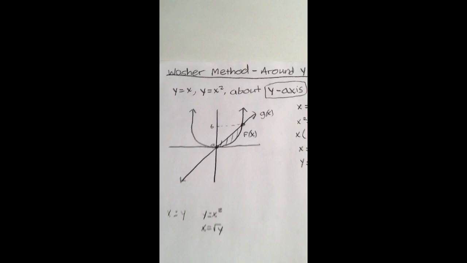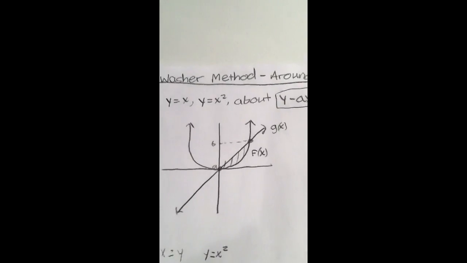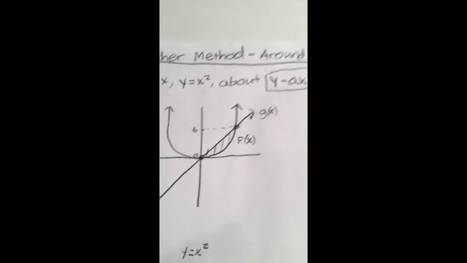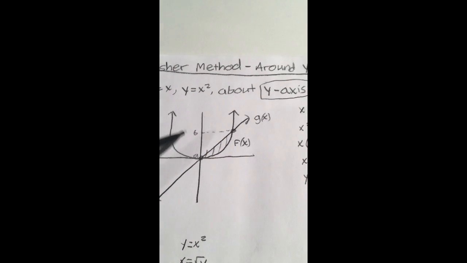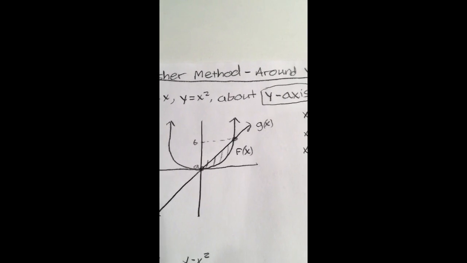In these cases, big R, or f of x, is going to be the function on the right, because the function on the right will have the furthest distance to the y-axis, and the function on the left will be g of x, or little r.